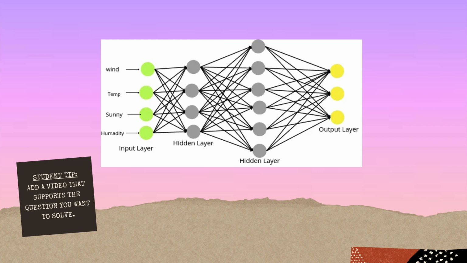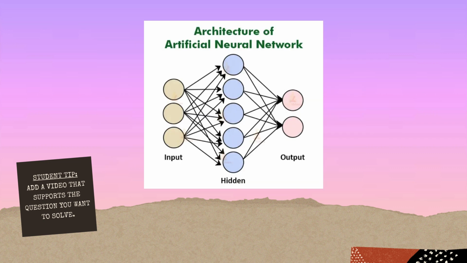So what is actually going on here is that all of these different nodes are referred to as neurons, inspired by the human brain. It starts off in the input layer with the initial inputs.